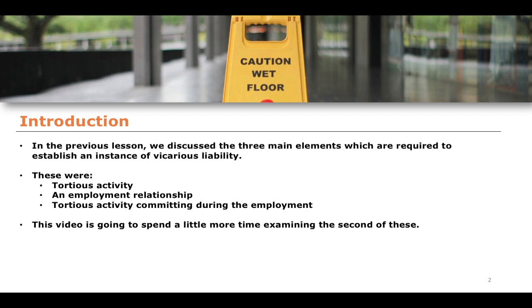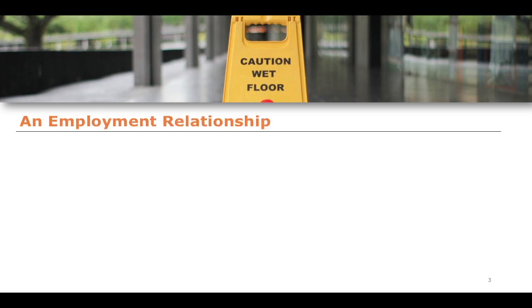The reason for this is, of course, that employment relationship as a broad category is, as the name suggests, quite broad. It is quite a vague categorization, and so as a result we need to unpack this idea in a little bit more detail to really get to the heart of how we could define an employment relationship.